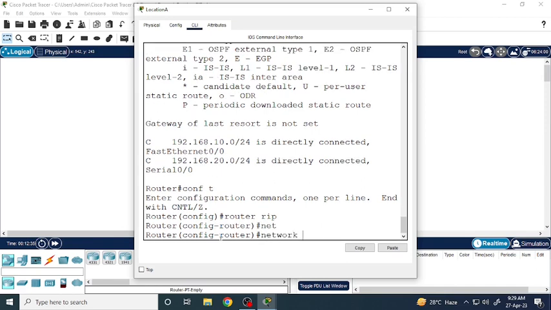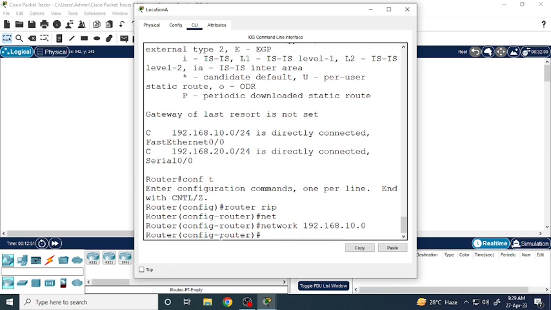The keyword to advertise our network is the network keyword, and then we just have to provide the network ID. The network ID should just be provided, and that's it. This is how the network will be advertised, and the same goes for 20, because we have 10 and 20.